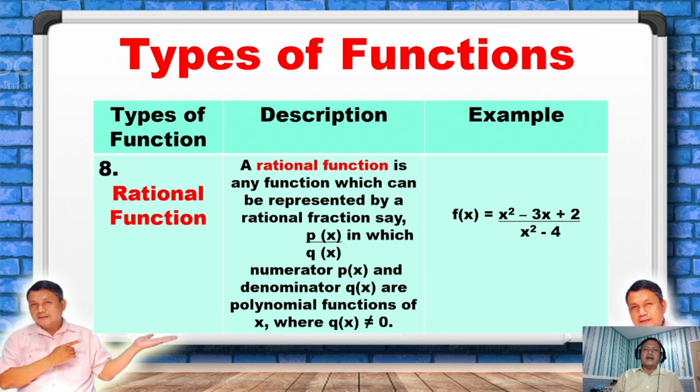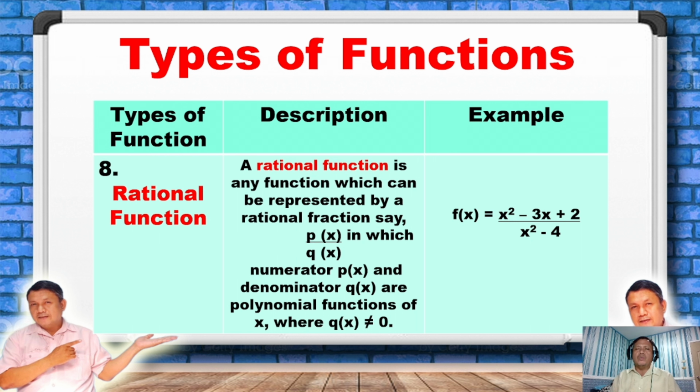A rational function is any function which can be represented by a rational fraction, say, p of x over q of x, in which numerator p of x and denominator q of x are polynomial functions of x, where q of x is not equal to 0.